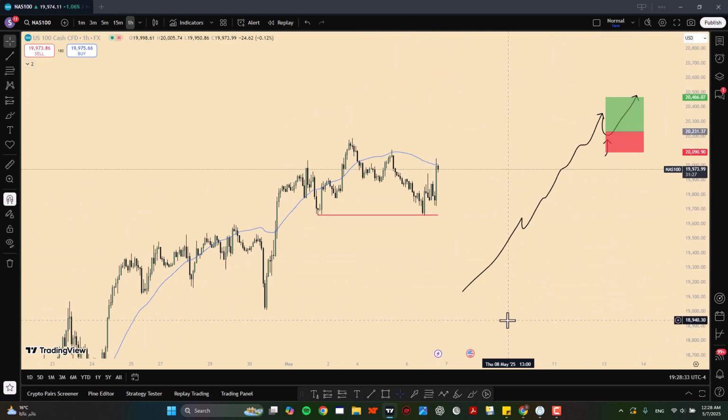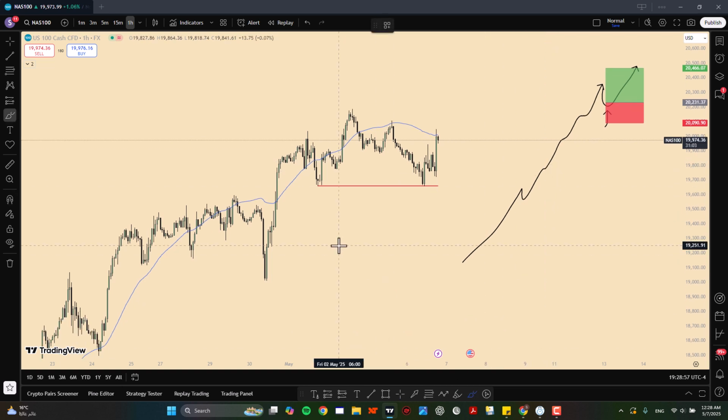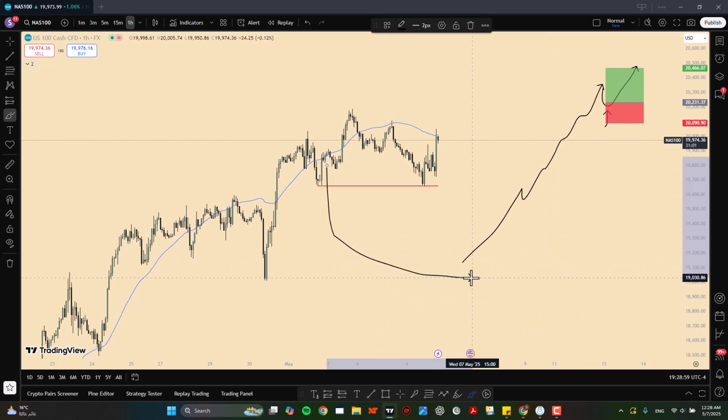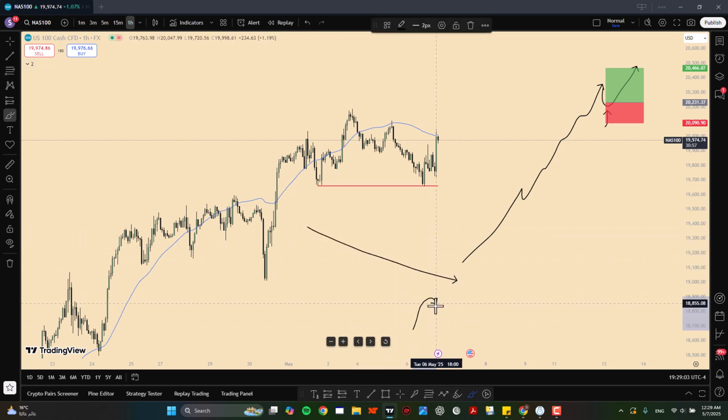If you're following the trend, if you're taking trades with the trend, before you take that setup, go back to your higher time frame and see if the EMA is close. For me, my rule is when price taps into that EMA. Suppose that this is the EMA and price is here and I want to take this setup, this pullback, I want to buy from here.